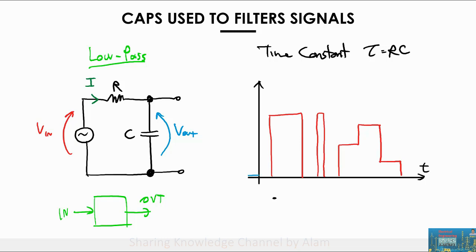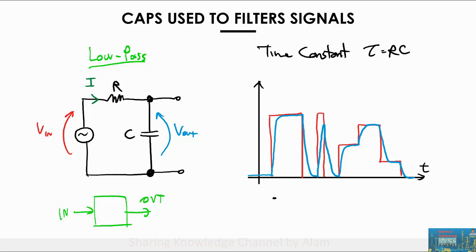So we'll start from 0, let's say, and now in about 3 time constants, this will reach up here, then we'll go down here, almost all the way up, down, and the final version of the output voltage resembles the input voltage.